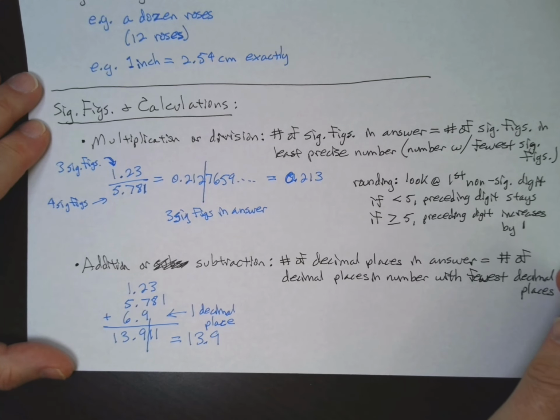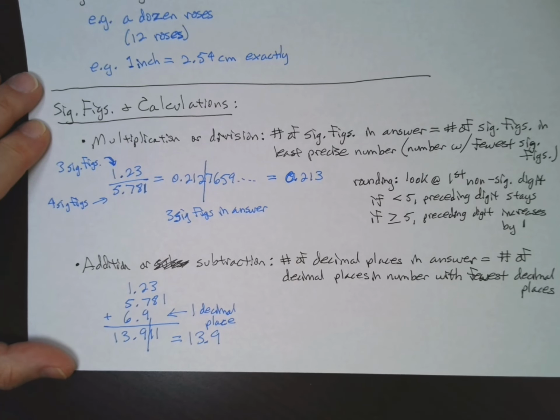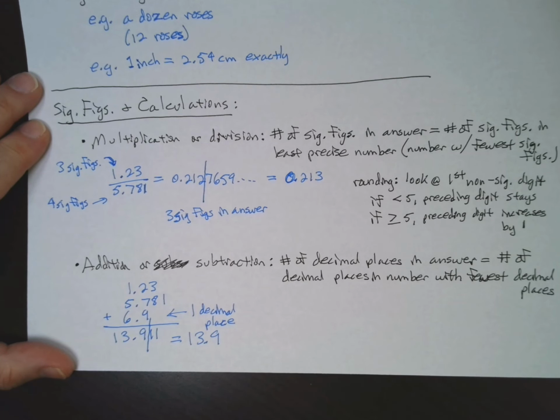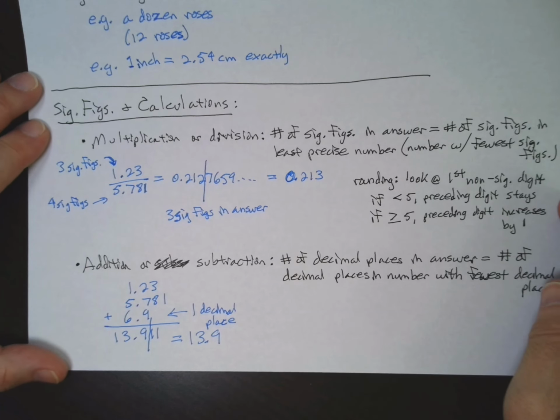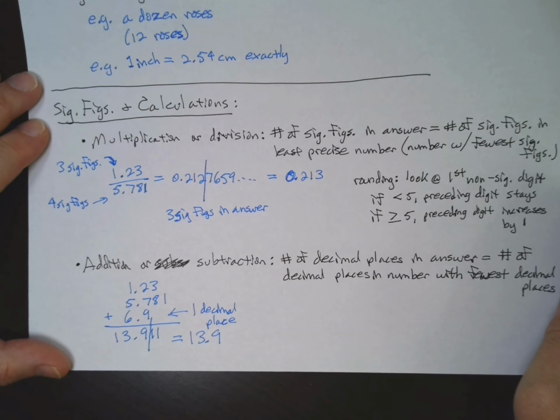And I do actually take some points off my organic chemistry students' lab reports if they have their sig figs wrong. Like if they should only have 2 sig figs and they write down 5, well, that's really not right. So you want to get to the point where it's sort of second nature that you are writing the correct number of sig figs.